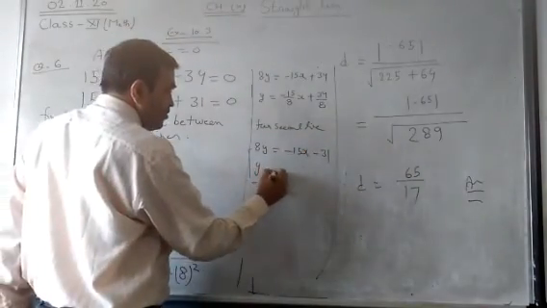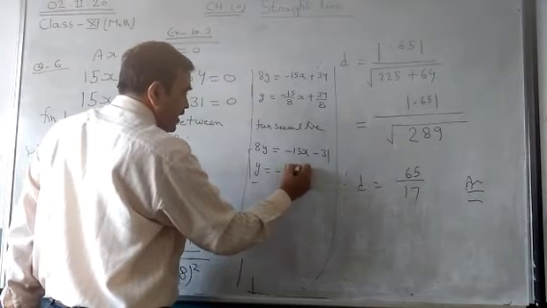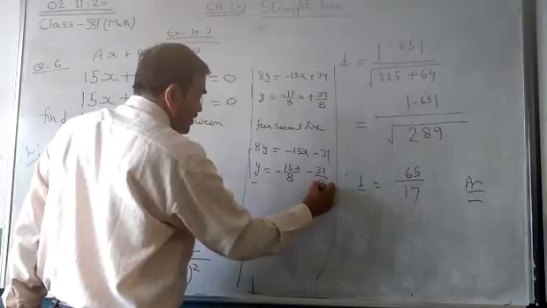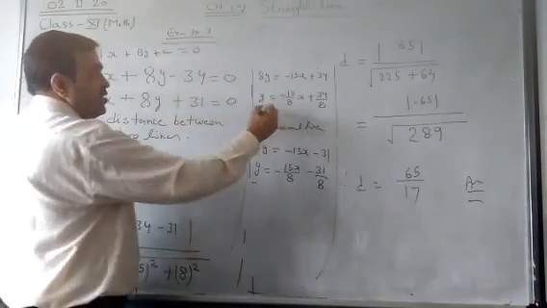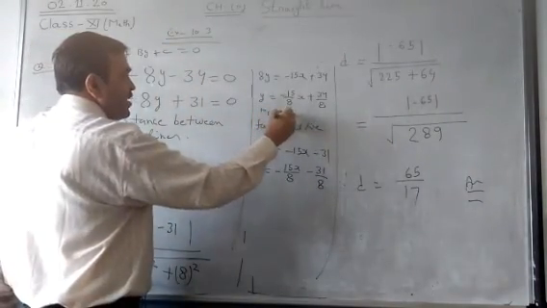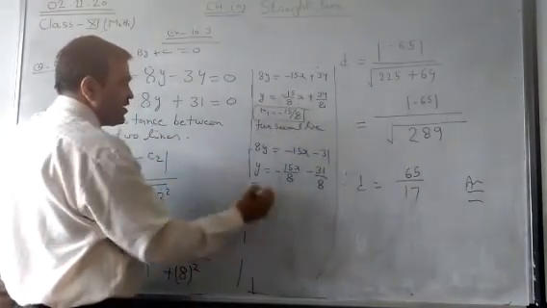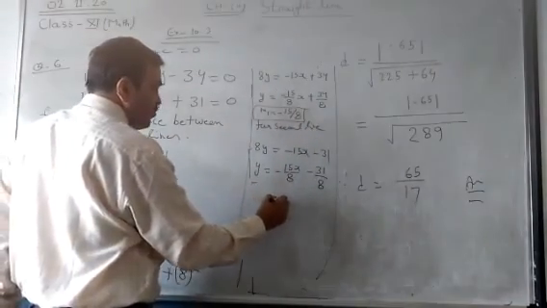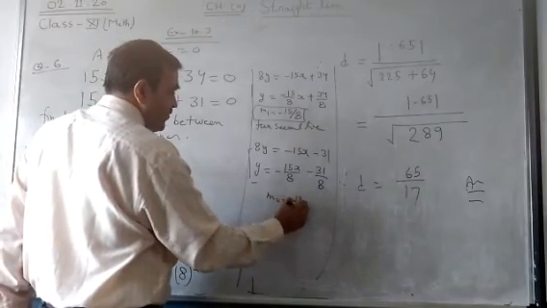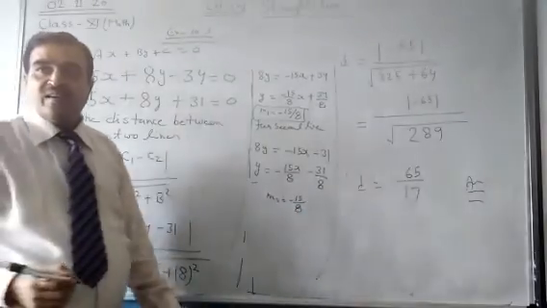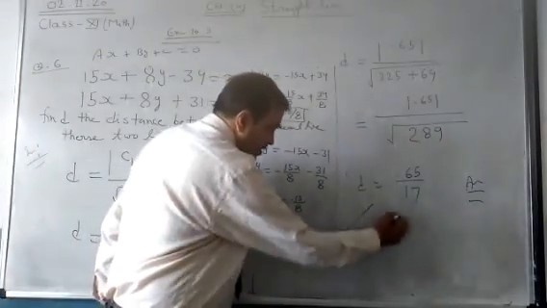So y equals minus 15x upon 8 minus 31 by 8. M1 equals minus 15 upon 8 in this case, and for the second line M2 equals minus 15 upon 8. It means these two lines are parallel.